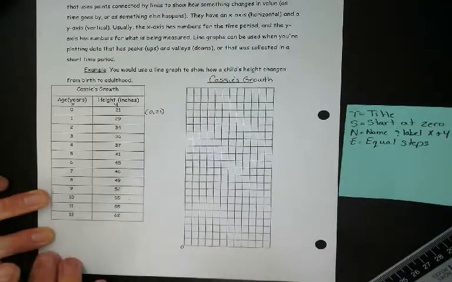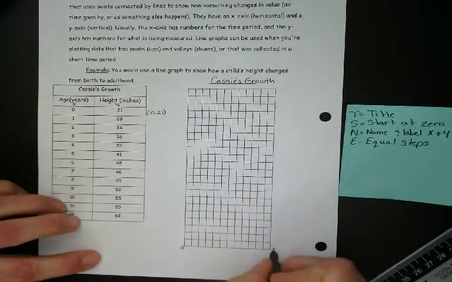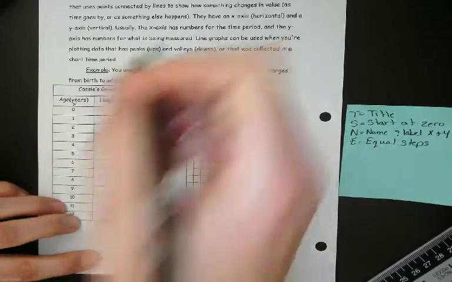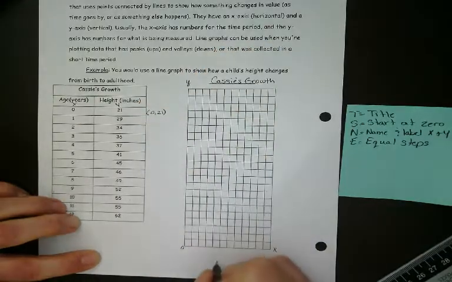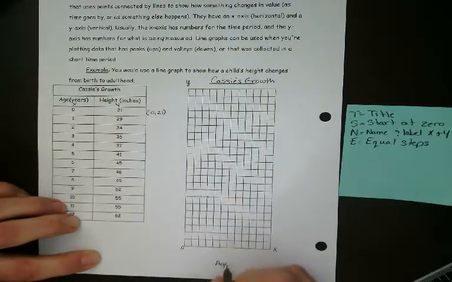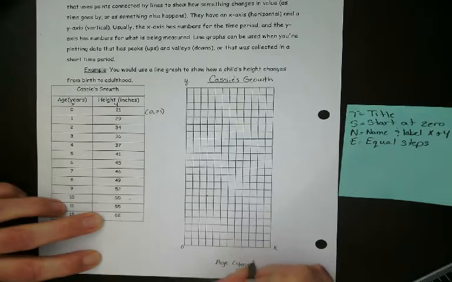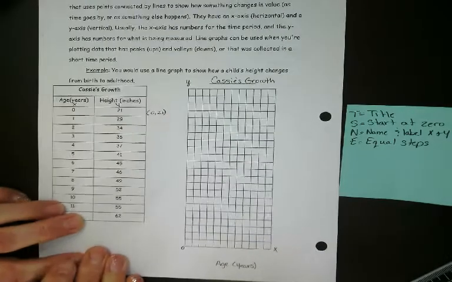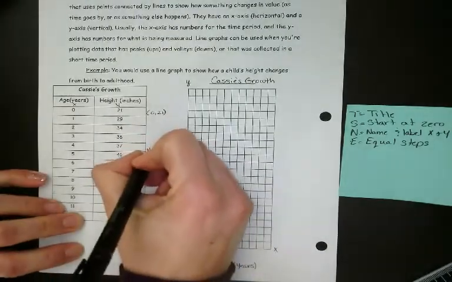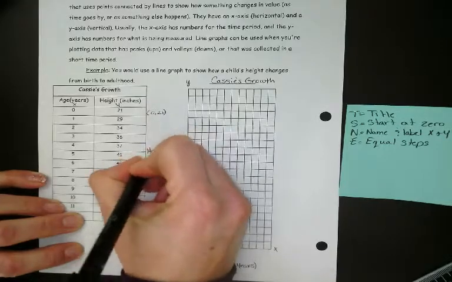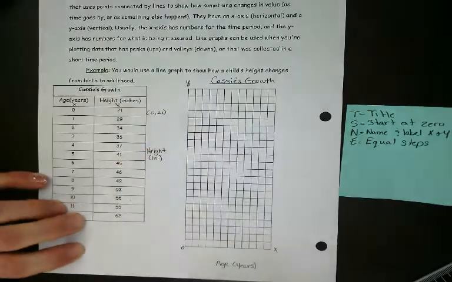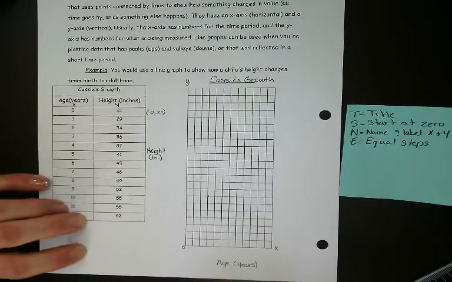We have to name and label X and Y. So here's my X-axis, here's my Y-axis. I'm going to put her age in years down here, and I'm going to put her height in inches over here.